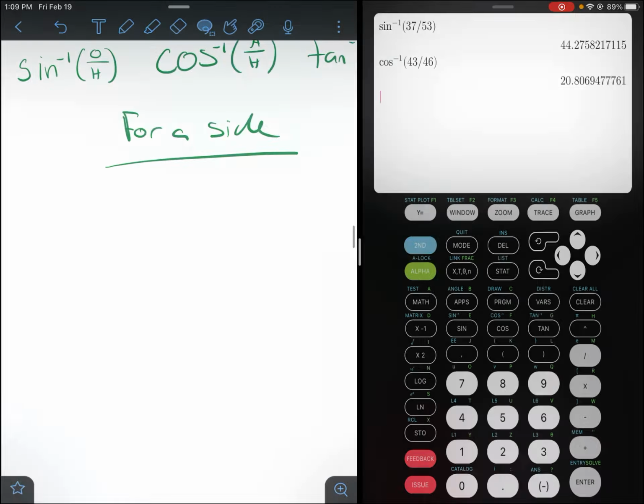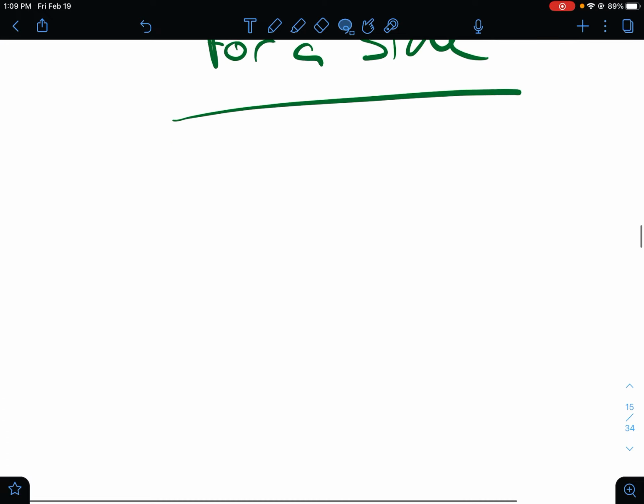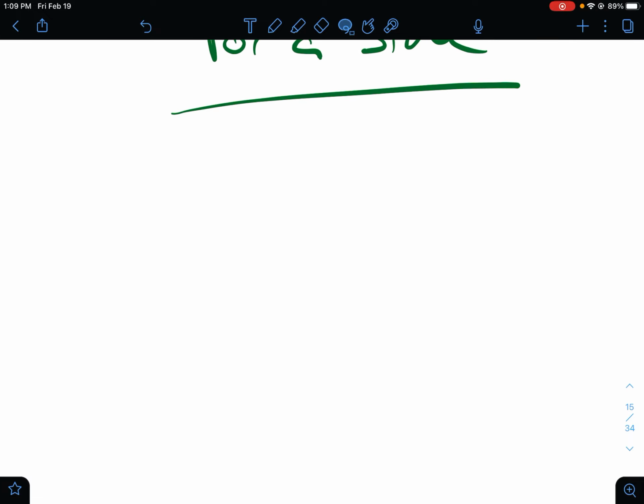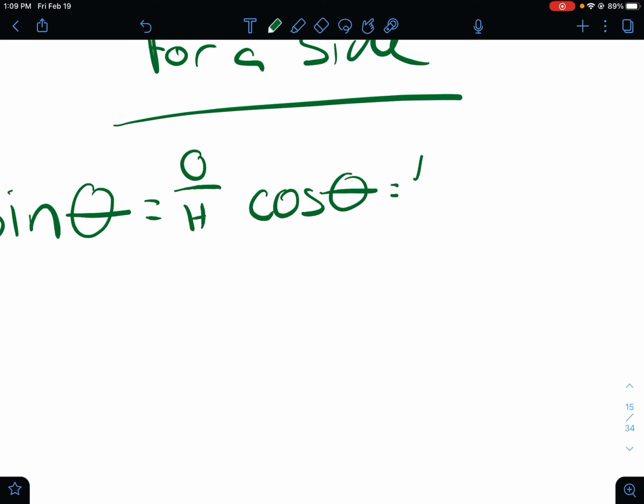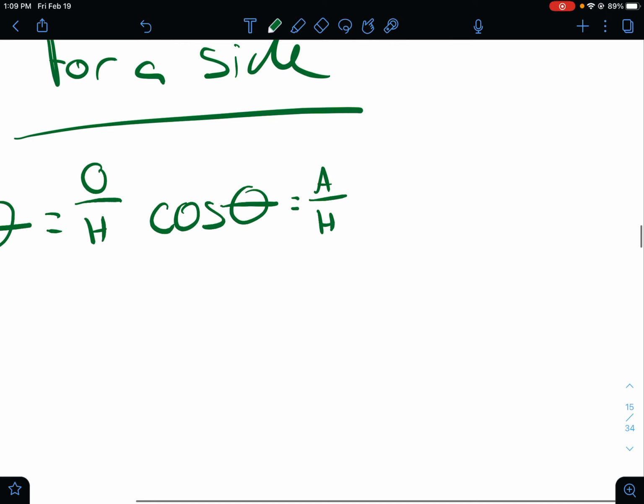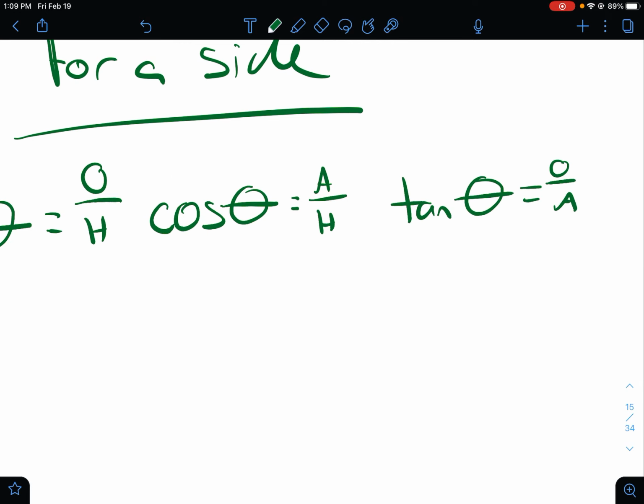So when you're solving for a side, we're just going to use our regular trig functions. Sine of theta equals opposite over hypotenuse. Cosine of theta equals adjacent over hypotenuse. And tangent of theta equals opposite over adjacent.